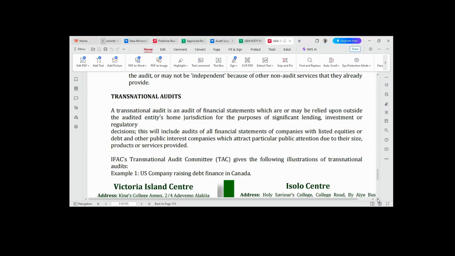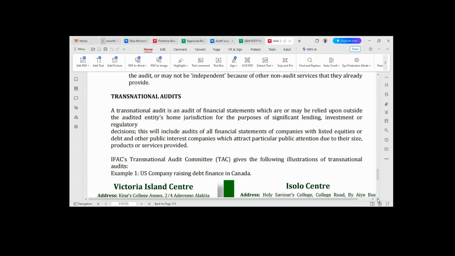What do we mean? So let me give an instance. You have Nestle Nigeria. We have Nestle in Netherlands, that is their home country where Nestle came from. Holland. Now, let's say Nestle Nigeria wants to obtain a loan from the bank for expansion.